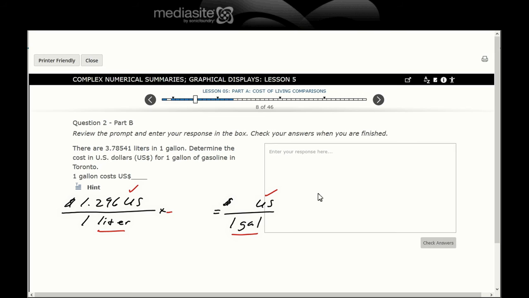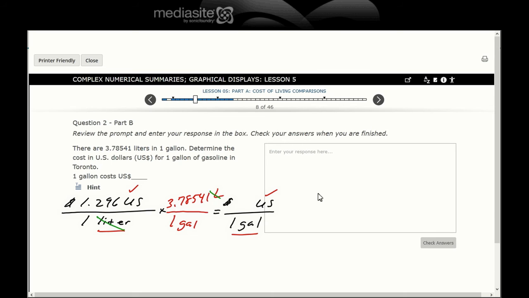Well, I know what that conversion is. We have 3.78541 liters for 1 gallon. And of course, liters will cancel. So on the bottom, 1 times 1 gives me 1.